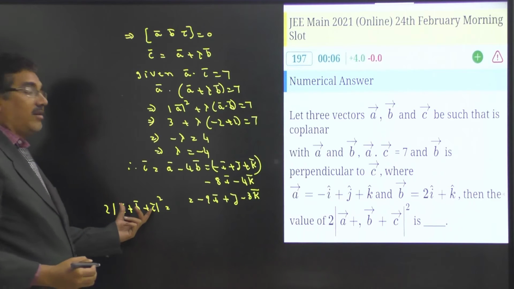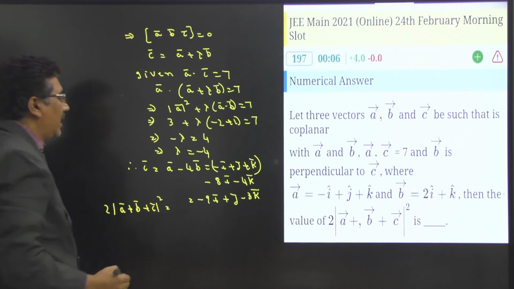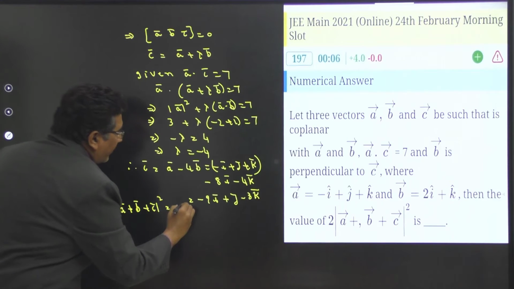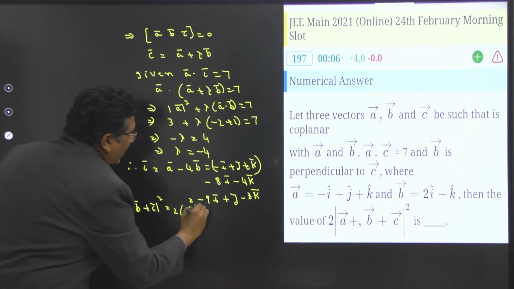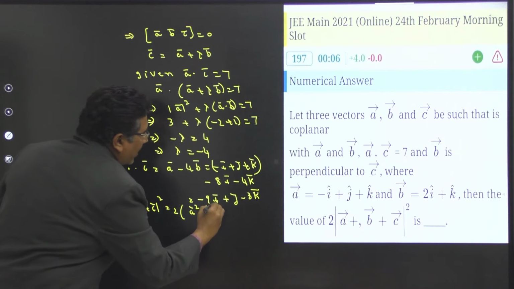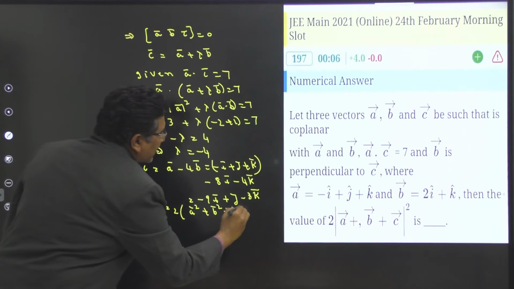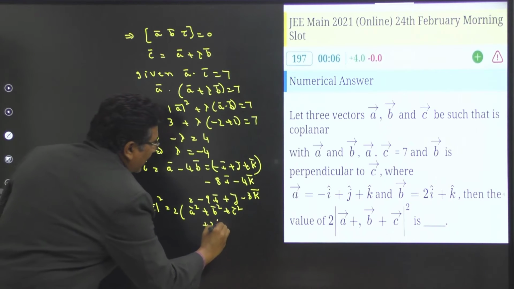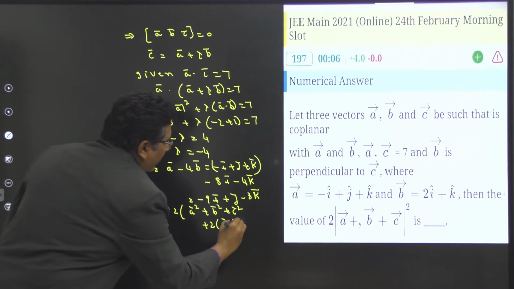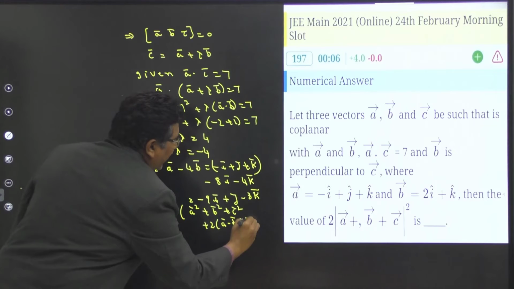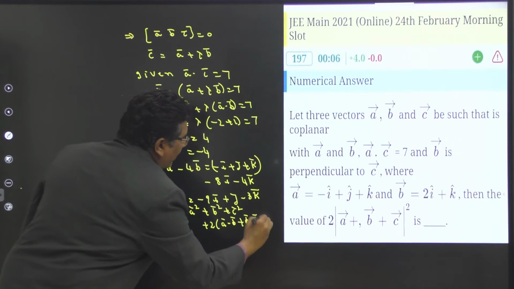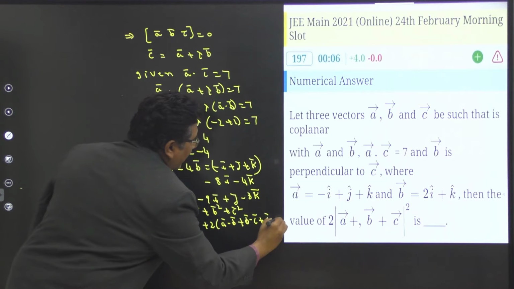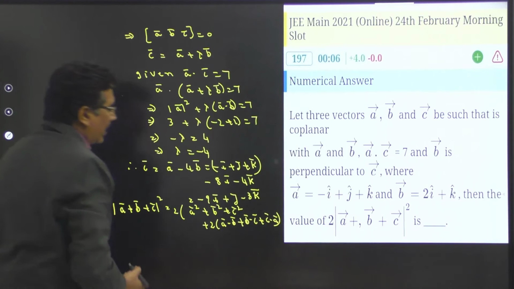The formula for this one is mod a bar square plus b bar square plus c bar square plus 2 times a bar dot b bar plus b bar dot c bar plus c bar dot a bar.